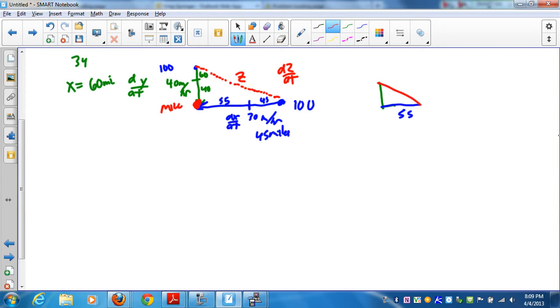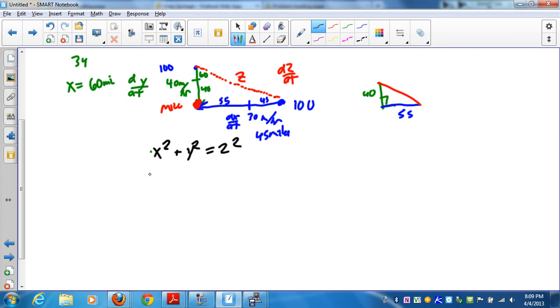Alright. So, still traveling at a constant rate. Well, let's just go back to the original equation. Pythagorean theorem, right? X squared plus y squared is going to equal that z squared.